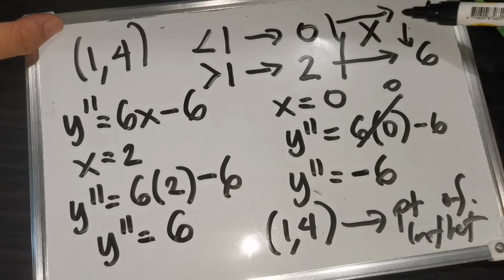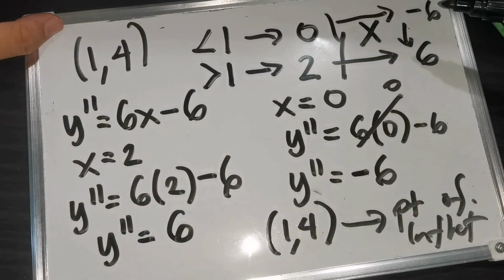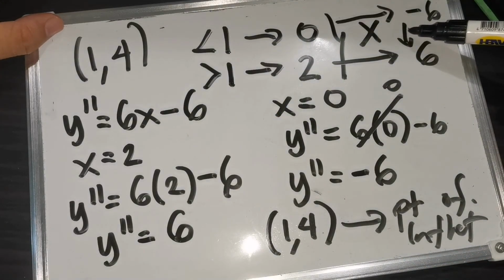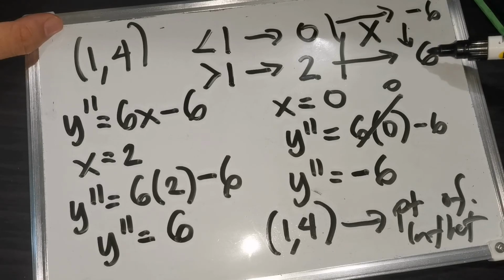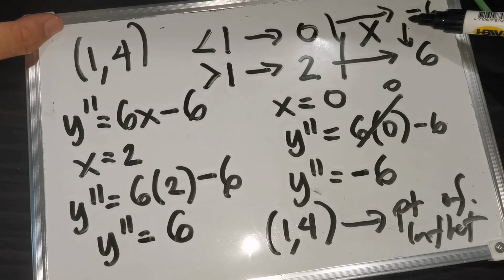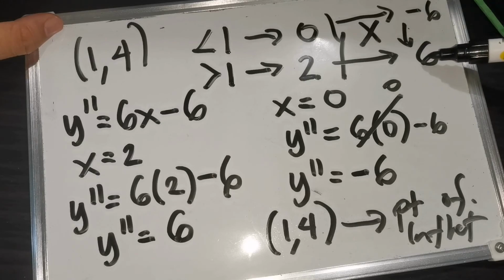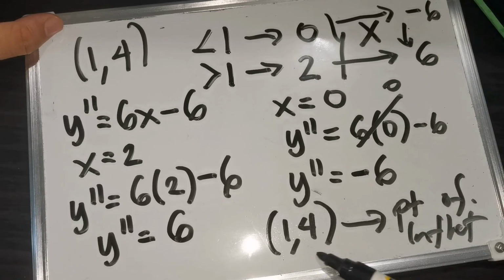Because the values that we put in your second derivative provide us a negative value of y double prime and a positive value of y double prime, and it changes from a negative to a positive value with the same absolute value, which is equal to 6. So if that is the case, then we can accept that 1 and 4 is your point of inflection of the given curve.